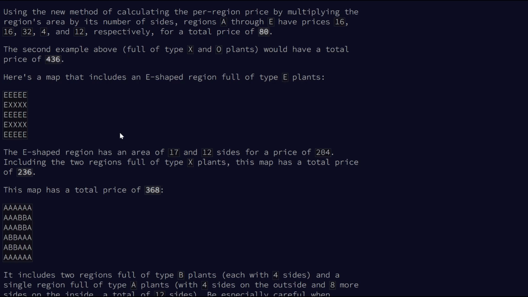So maybe what I want to do is, for each cell in the grid, have it produce a list or a set or something of the places it thinks a wall has to go.